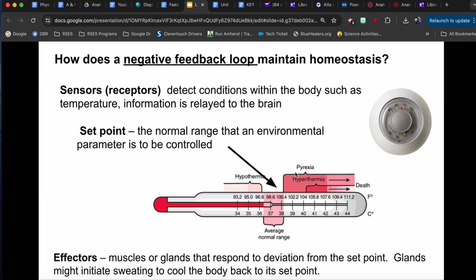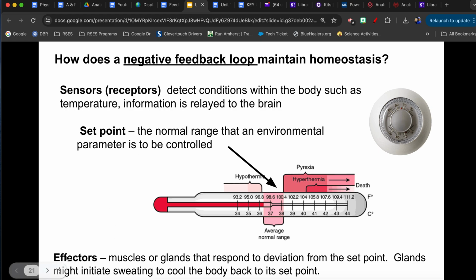So feedback loops, again, are meant to keep us near that optimal condition, maintain homeostasis, and there's two types, negative and positive feedback loops. Both are going to involve sensors, which are receptors, neurons, that are going to detect conditions within the body, like temperature that we keep saying, and send that information to the brain. So it senses it, receives it, sends it to the brain. We said the set point is that normal range that the environment is kind of controlled for, again, 97 to 99 for human temperature.